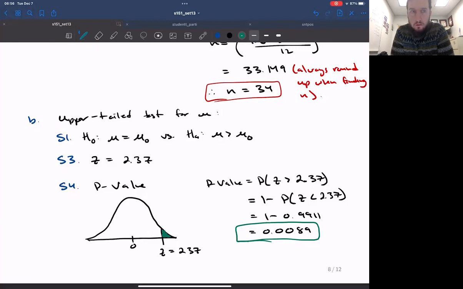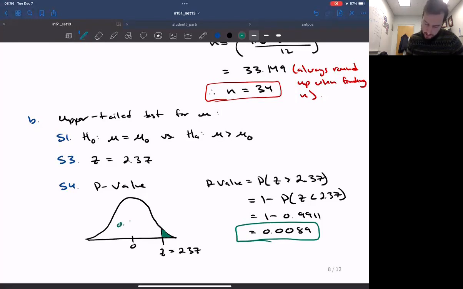Any questions? Yes, I subtracted it from 1 because the value given in the normal table is the area to the left of the test statistic.